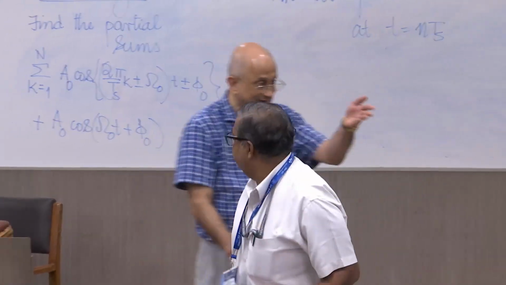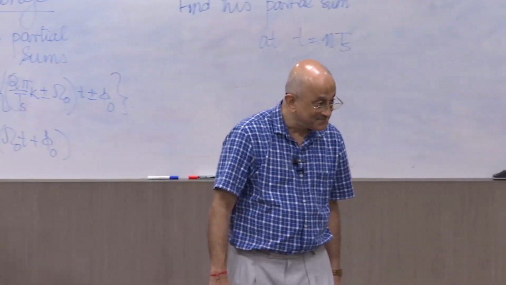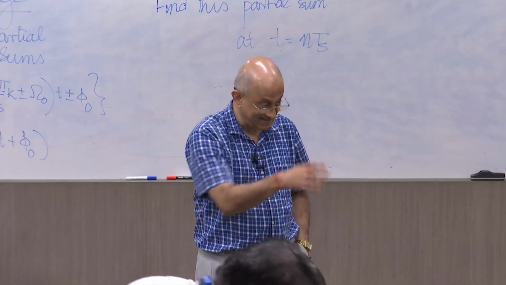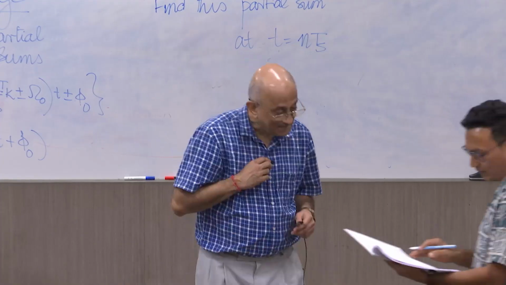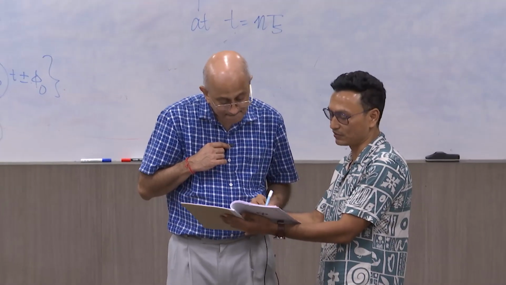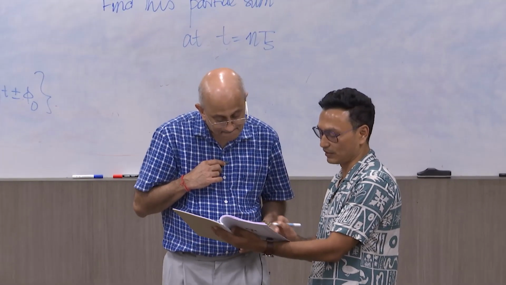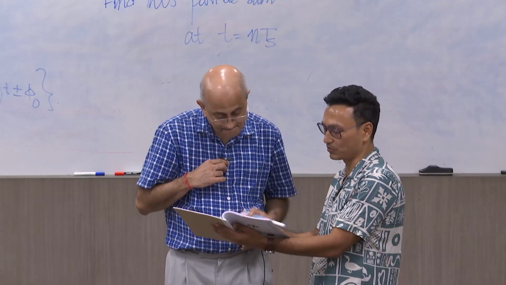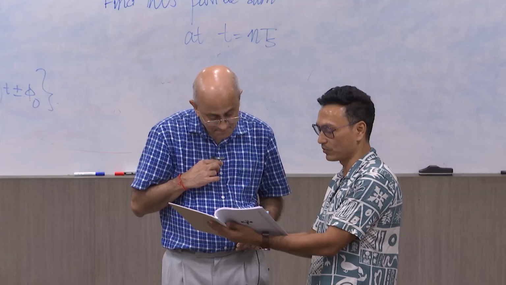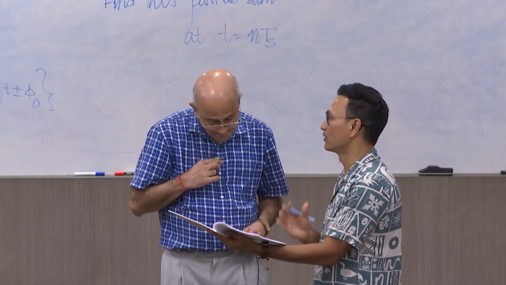Would you like to show me what you did? Okay, come and explain what you've done. First, we expanded this one and solved this one, and this will always be 1. So inside the summation it is 1 plus 1, 2. This is 1, this is our n, and this is n plus 1 into the original signal.